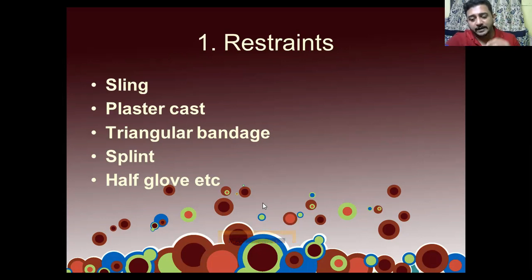I used to give the smiley ball in the normal hand and put a sock over that, and I will tie the sock with a soft velcro, so that as long as this ball is there in his hand, he may not be able to use it for functional activities. These things may not be available with the patient. I'm not a person who will ask the patient to buy a sling or splints or something like that.